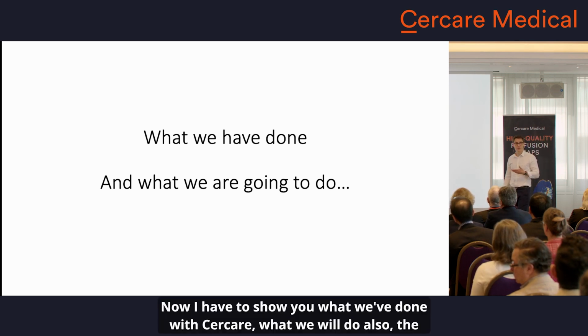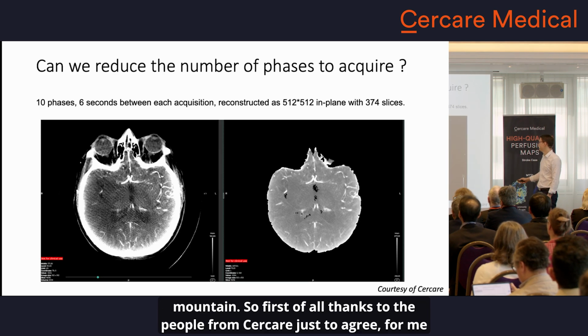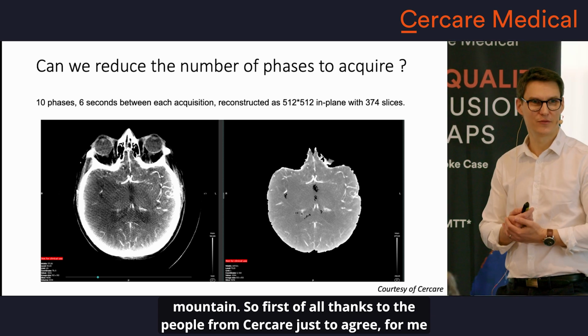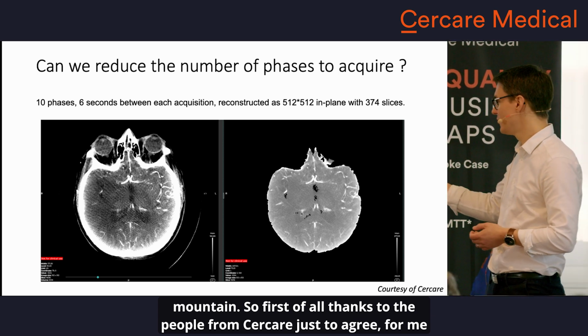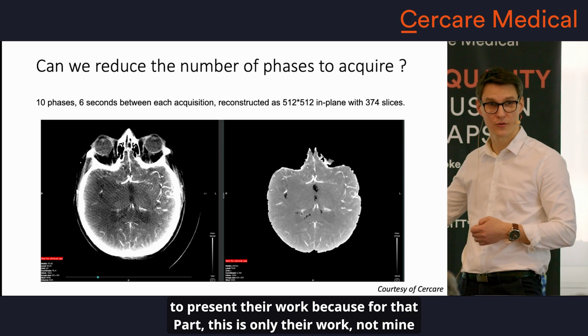Now I have to show you what we've done with CRCare, what we will do also, the mountain. First of all, thanks to the people from CRCare for agreeing to let me present their work, because for that part, this is only their work, not mine.